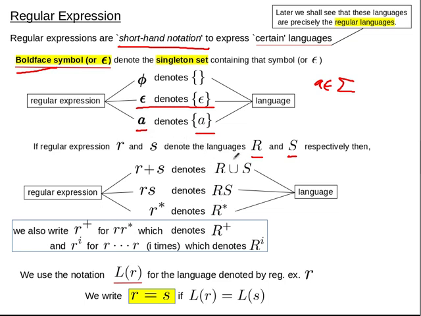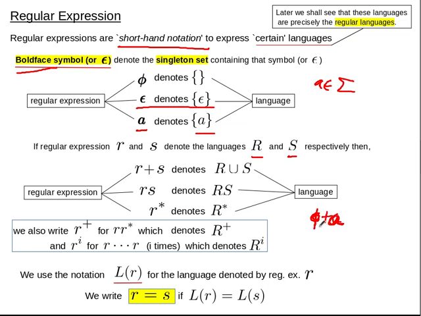So if you take R to be, say, phi, and S to be, say, A, you can have a regular expression like phi plus A. These are in boldface, so phi plus some boldface A. I don't know how to write it with a pen. So that will be a regular language.